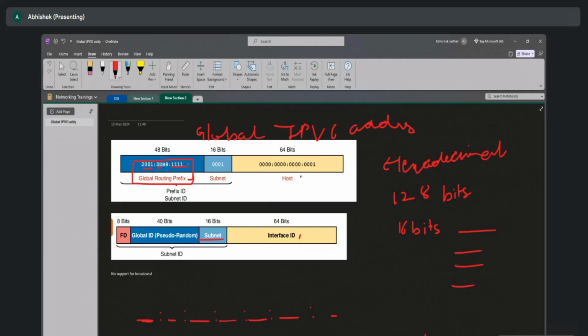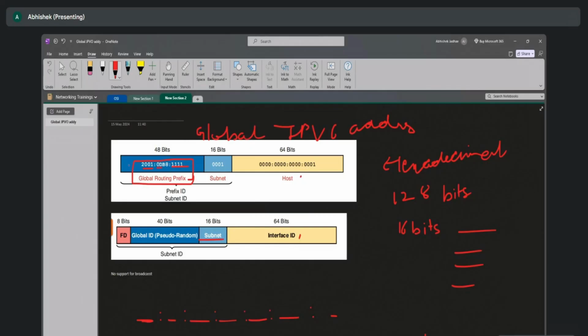Let's say your organization purchases, or maybe you and I purchase an IPv6 address. Your ISP has provided you an IPv6 address. For that IPv6 address, we will have a global routing prefix like this. According to this, the destination will understand, okay, it has come from this particular routing prefix, so this person I know, let's accept the connection, something like that. Just an example, right?